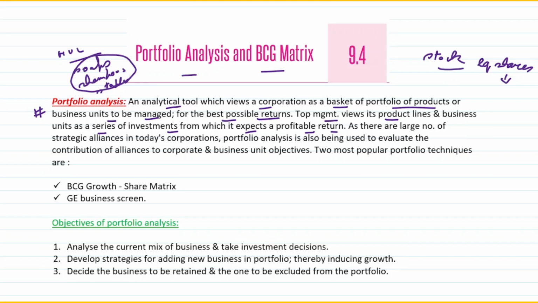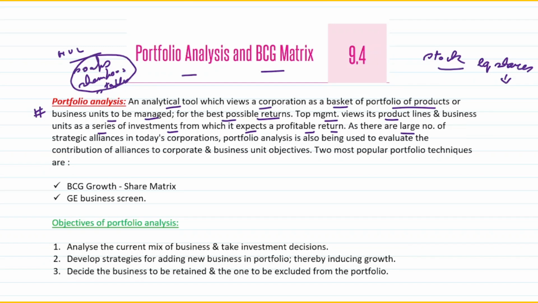One is the portfolio of the products and the business units. So how does a top management look into it? Top management basically considers its product lines and business units as a series of investment for what? Which expects it to give a profitable return. So eventually the purpose of portfolio analysis is to ensure that all these portfolio products as well as the business units are able to give you the best possible returns, right?